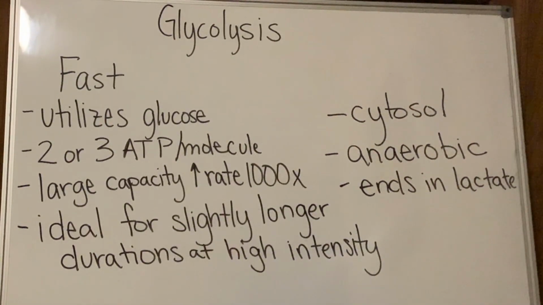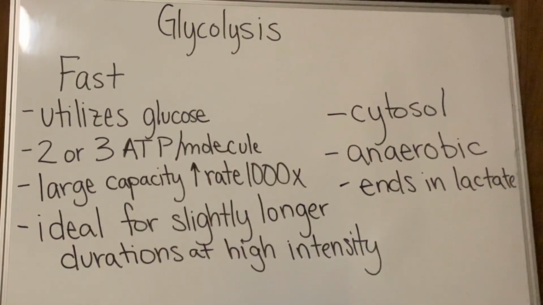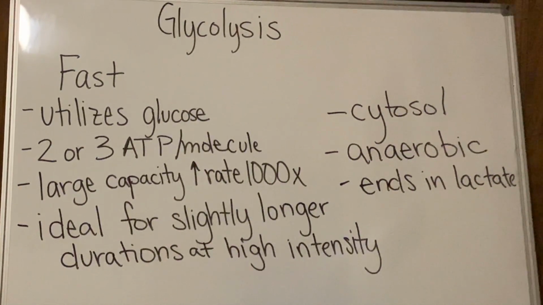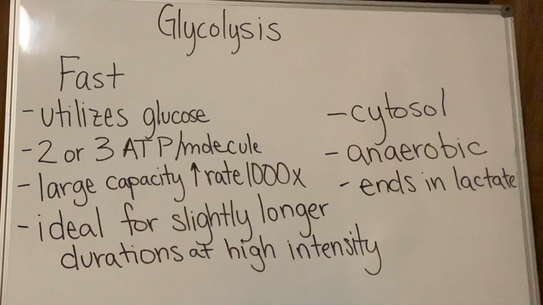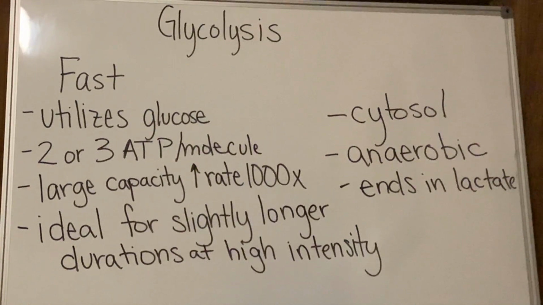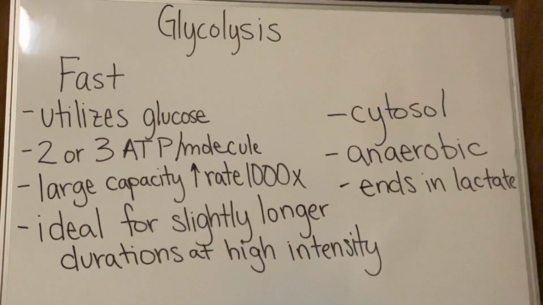To summarize, fast glycolysis is only able to work if it has available glucose from either the bloodstream or skeletal muscle glycogen. If the glucose is extracted from glycogen, 3 ATPs per molecule of glucose is formed.